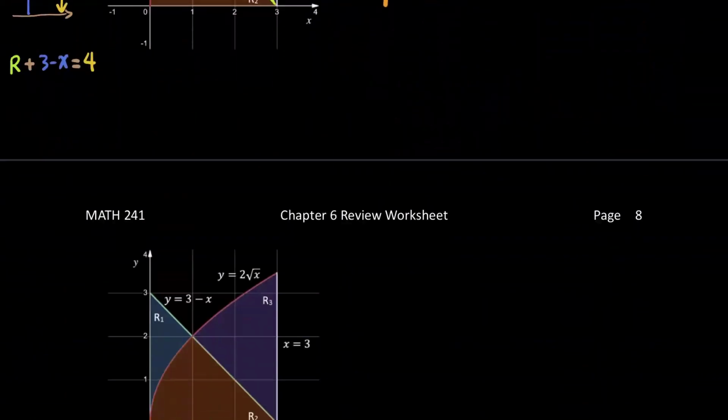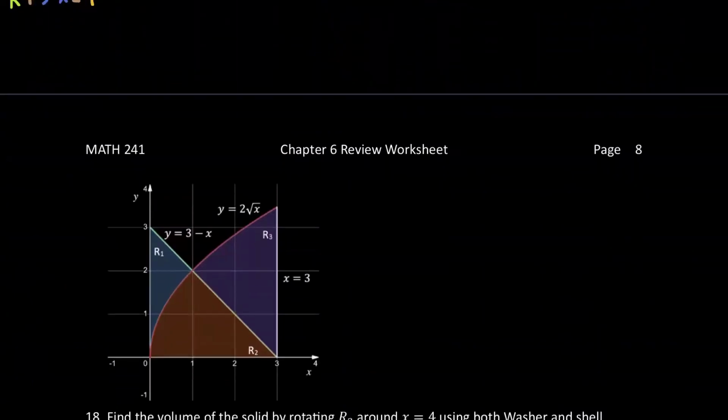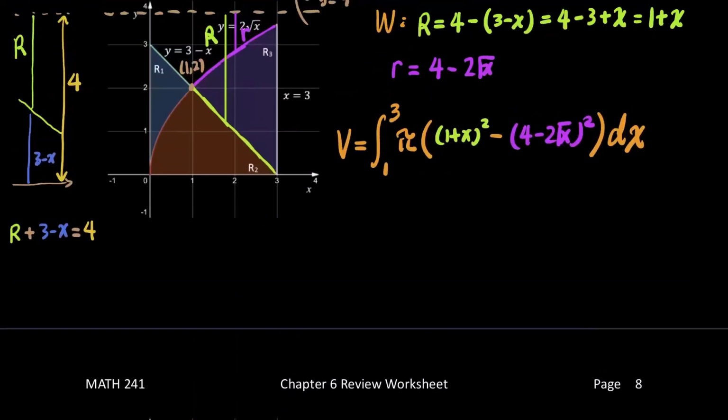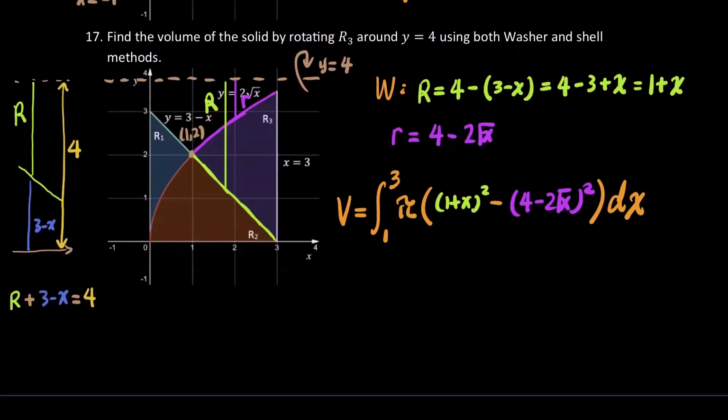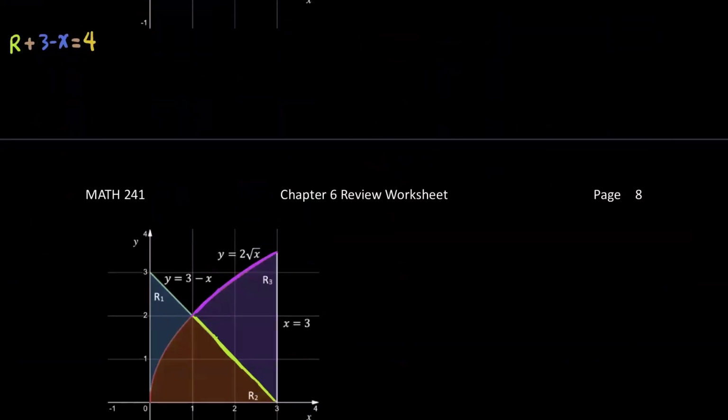Okay, next we're rotating region number 3 around the line y is 4. And we're doing it using shell method.